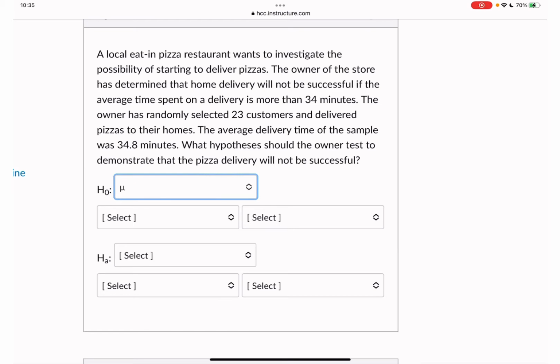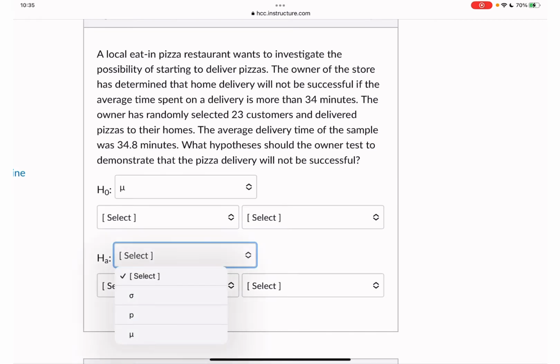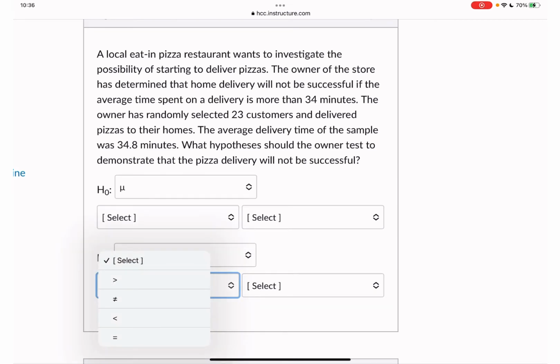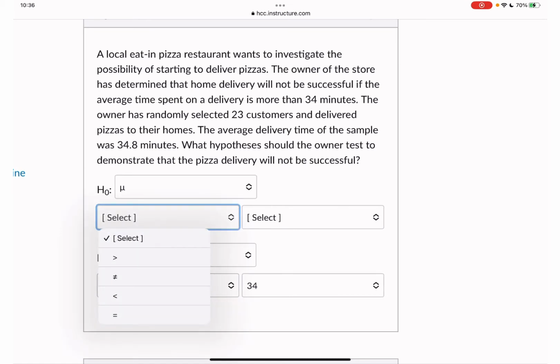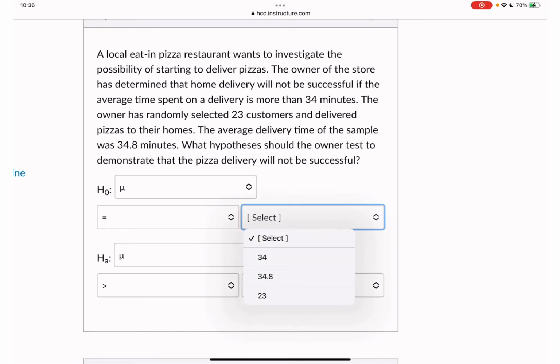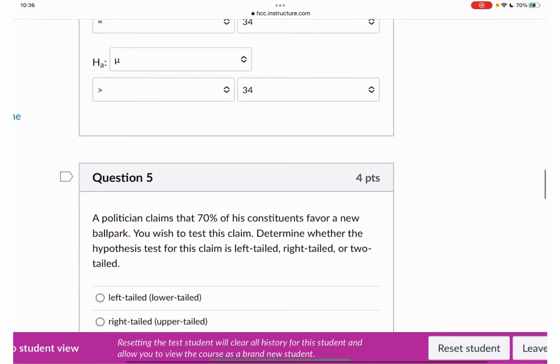It's greater than 34. That means it's given as the alternative. Mu is greater than 34. And accordingly, the null hypothesis is going to be equal to 34. Okay?